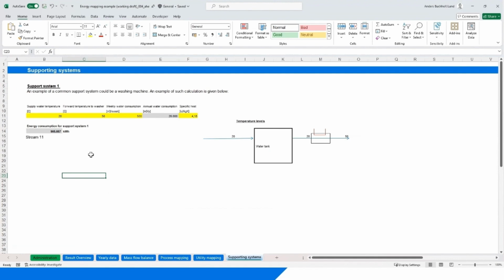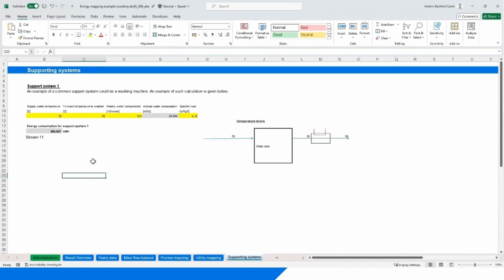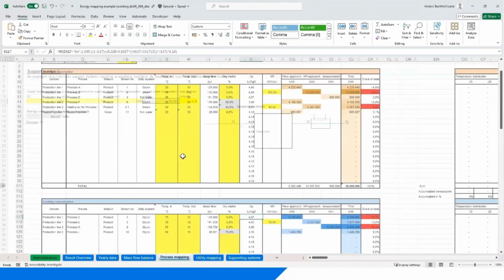So for example, we could have a cleaning system or a washer, or if you have a packaging department, you can model or make your own very simple schematic diagrams equal to whatever you saw in the energy balance. And it's important that you can then convert this into this sheet.